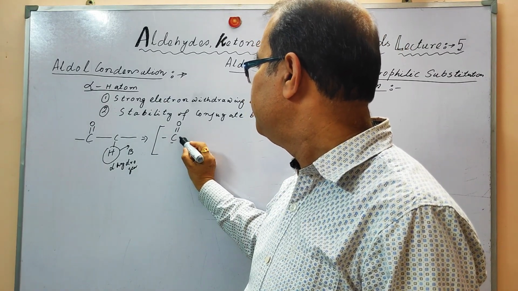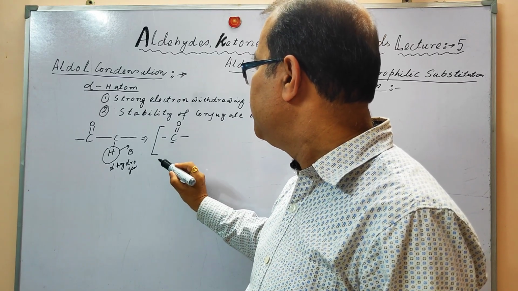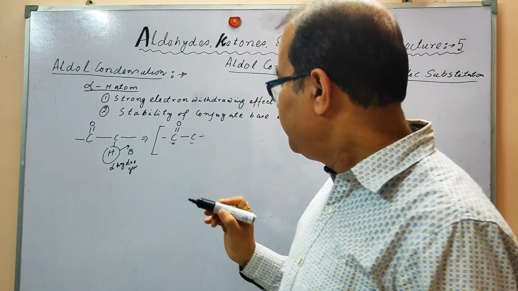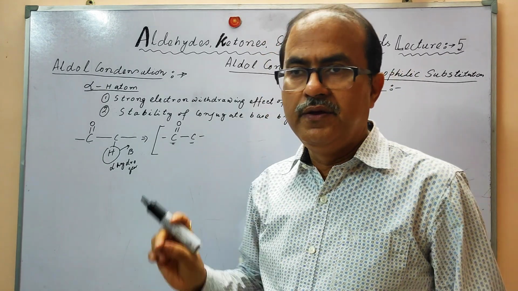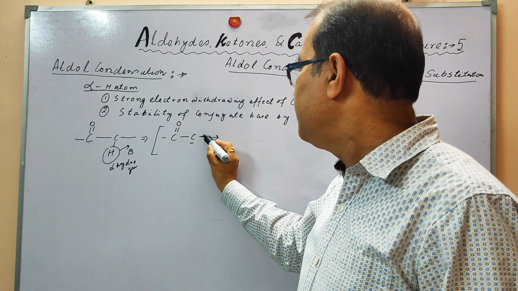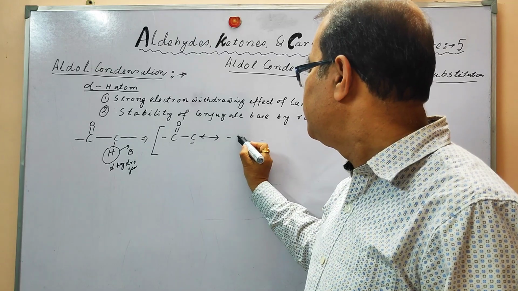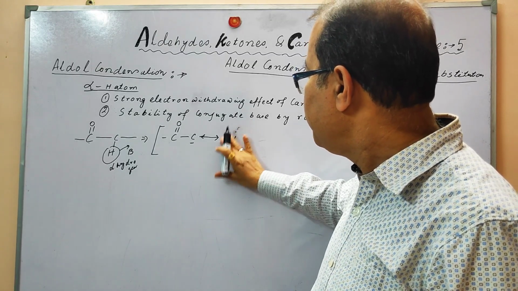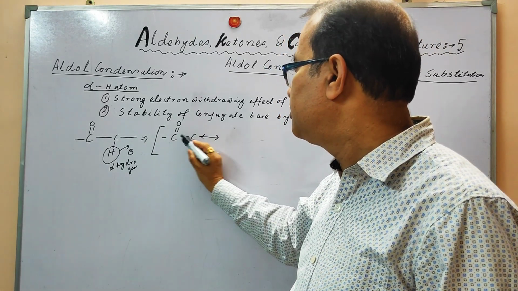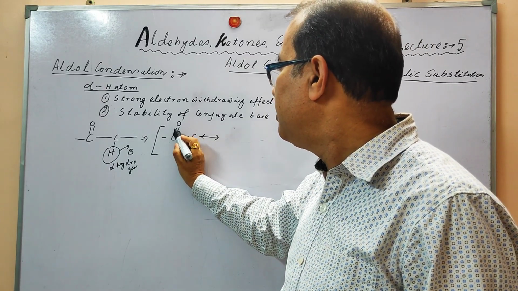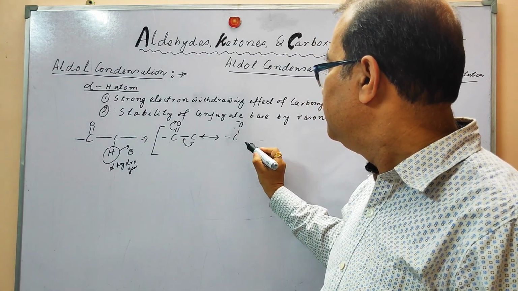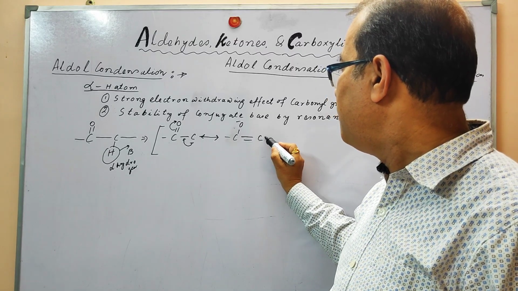This is the conjugate base, and the electron remaining on the carbon atom is delocalized by a very interesting phenomenon called resonance. The electron shifts to the carbon-carbon single bond, and the pi electron goes there, creating this structure.